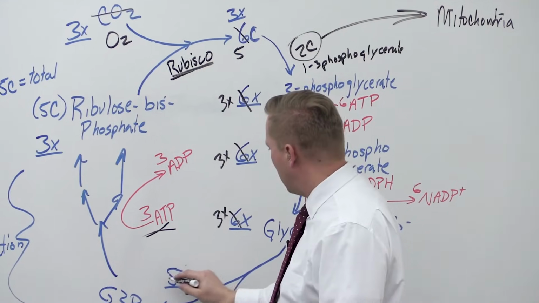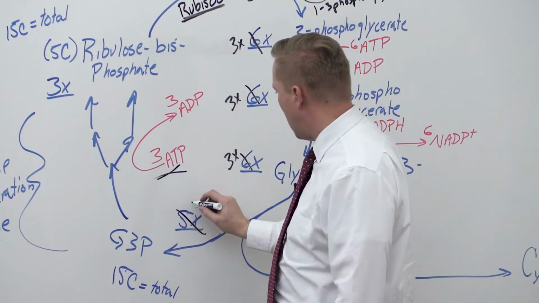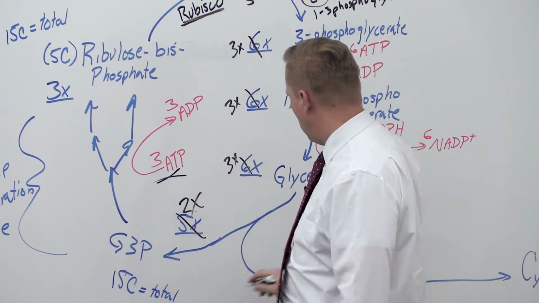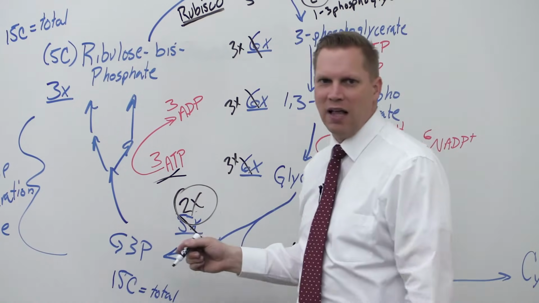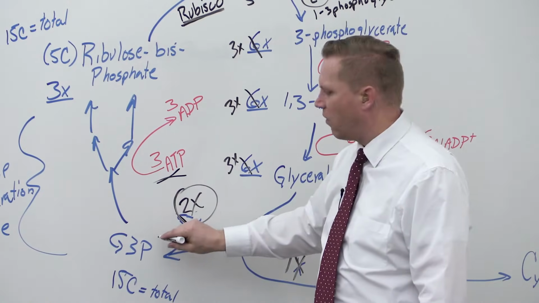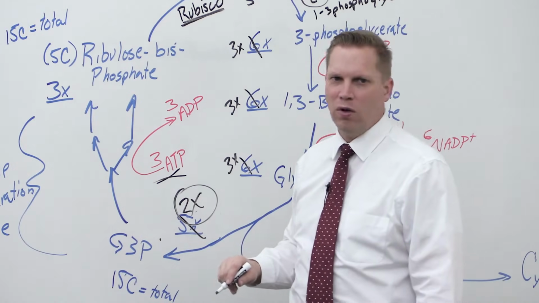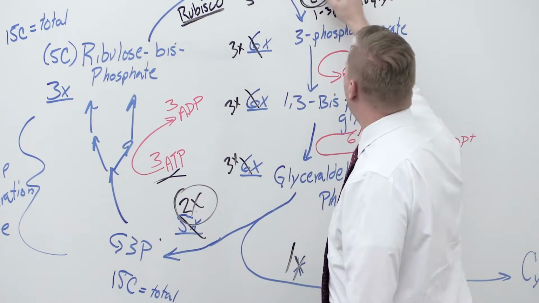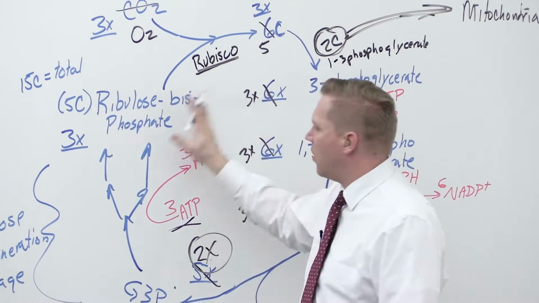And so now we get down to this point. We were going to pull 1x off, but we don't have any more. So you're down to, if you pull off 1x, you get 2x left. And then we are back to that same problem of we now do not have enough carbons to regenerate our ribulose bisphosphates. We've lost carbons right here that had to be transported out. And so that represents a real problem.